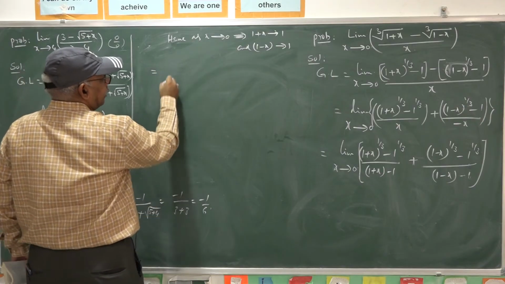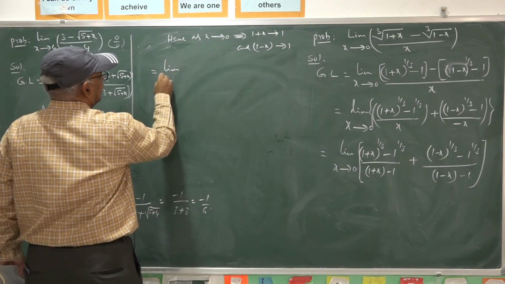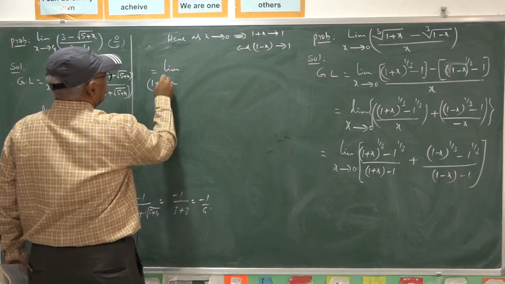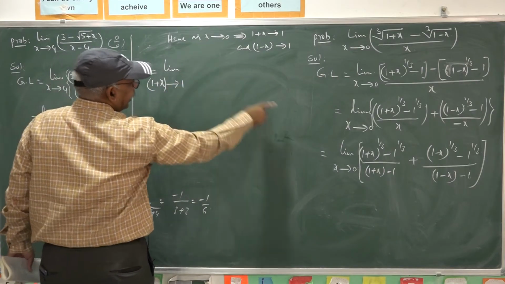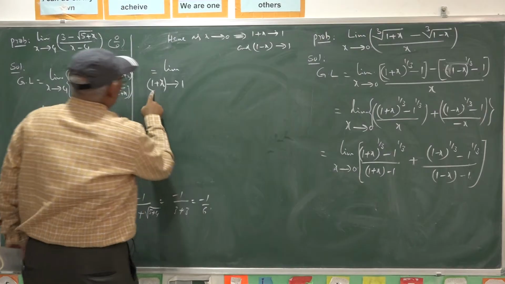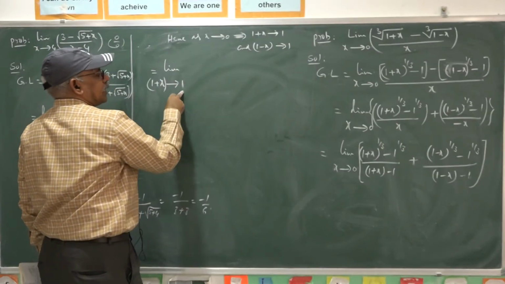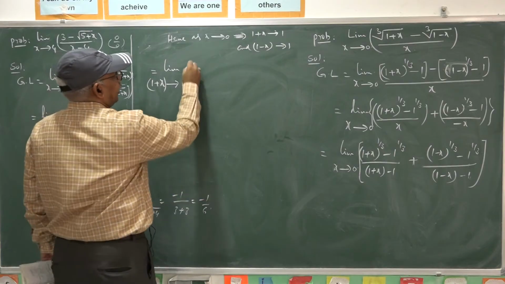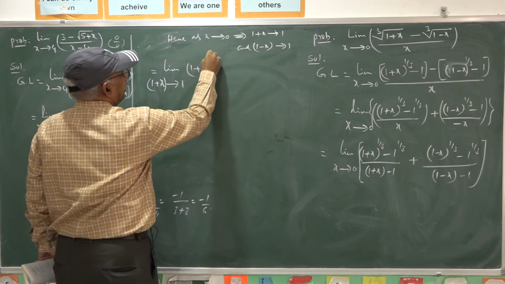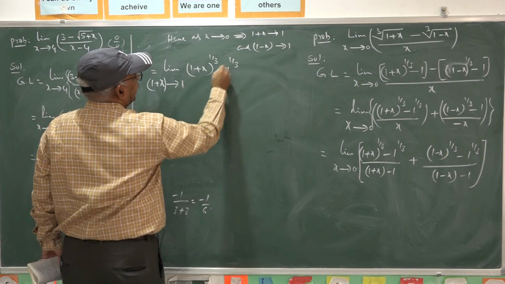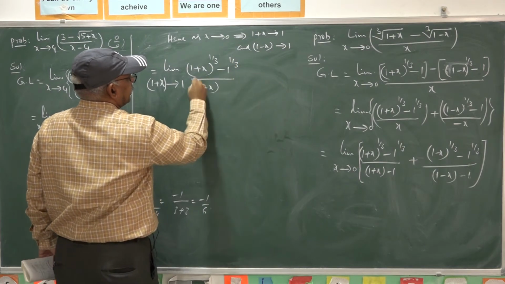So that the given limit may be written as limit as 1 plus x goes to 1. Instead of taking x goes to 0, I am taking 1 plus x goes to 1, because as x is nearing 0, 1 plus x is nearing 1 itself. (1 plus x) whole power 1 by 3 minus 1 power 1 by 3 by 1 plus x minus 1.